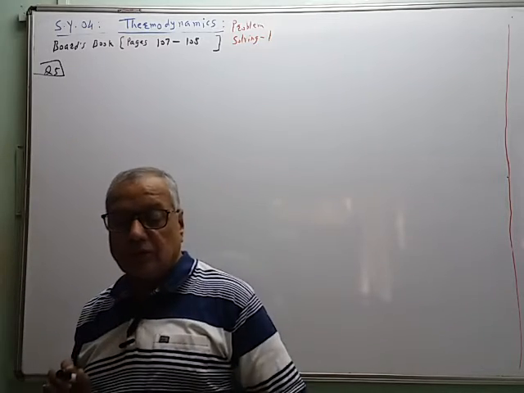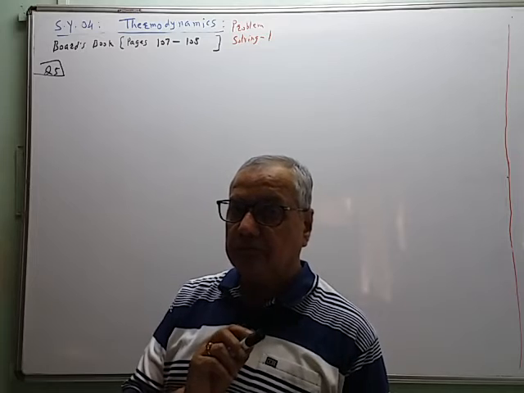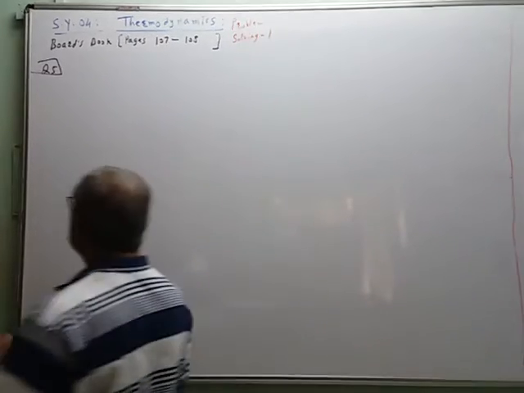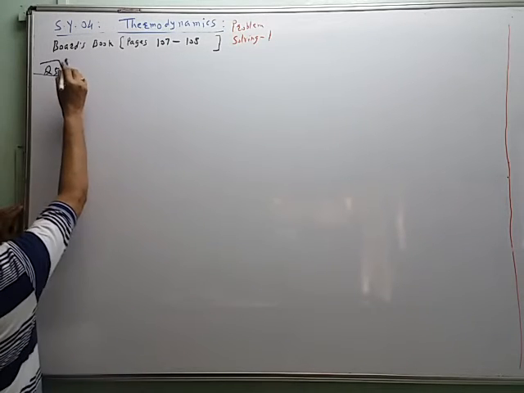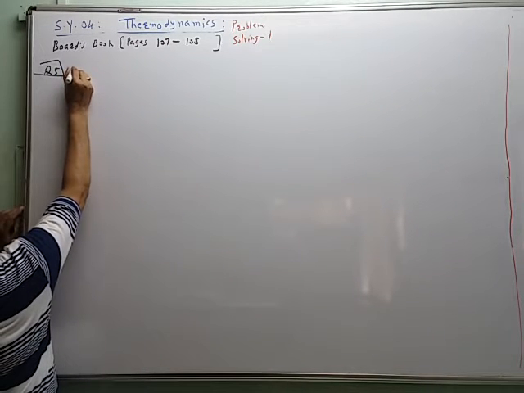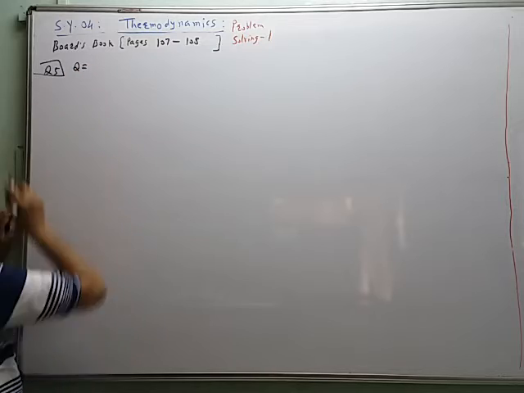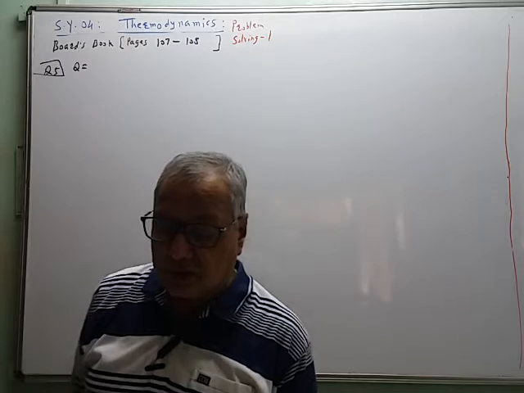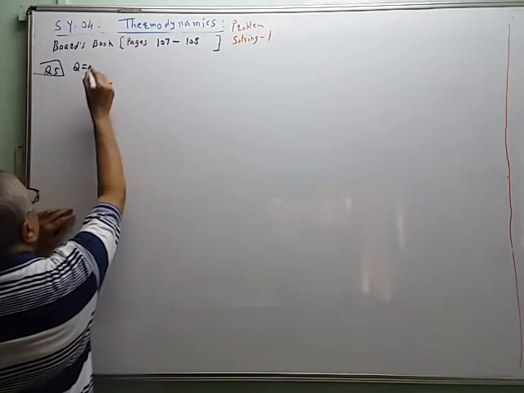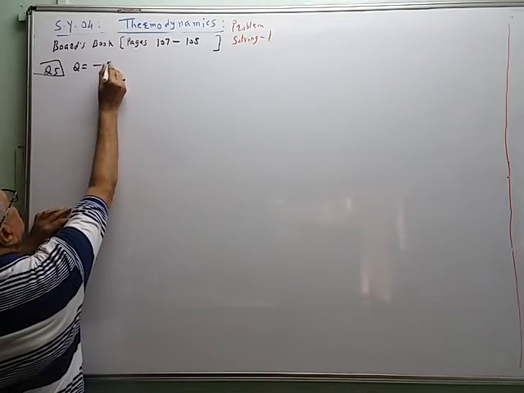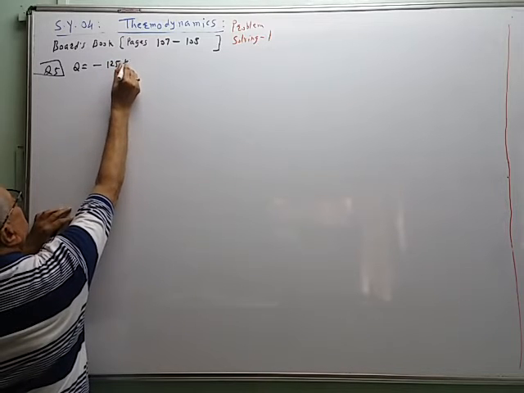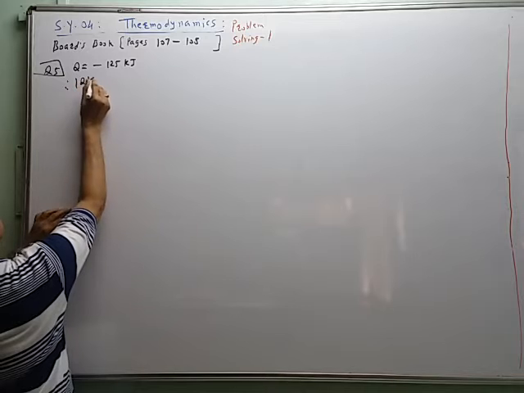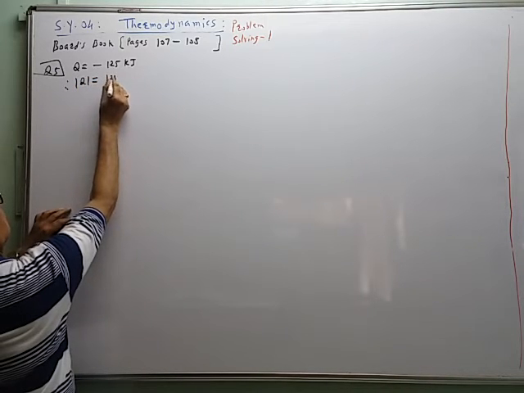So in our book only the magnitude is given, no sign conventions are used. So the given quantity is like this. Q is equal to the amount of heat released. Therefore a system releases 125 kilojoule. So by sign convention it is minus sign. Therefore mod of Q is equal to 125 kilojoule.